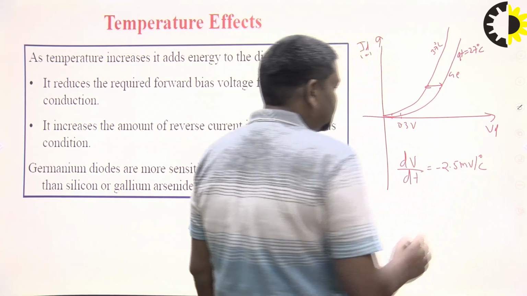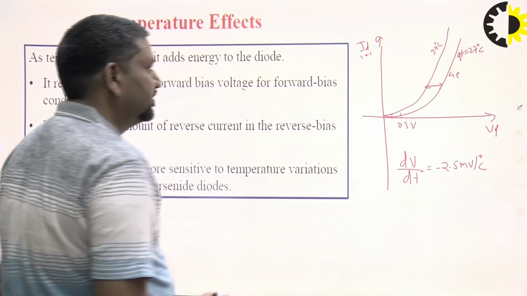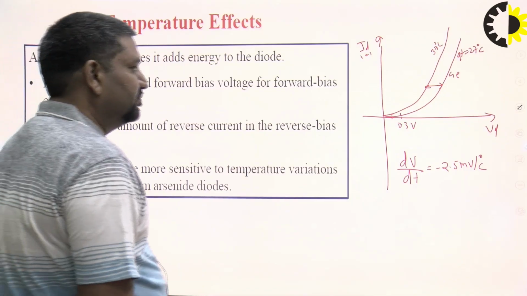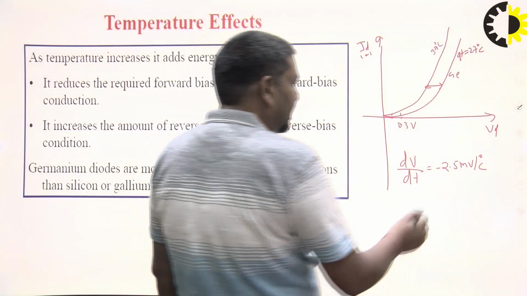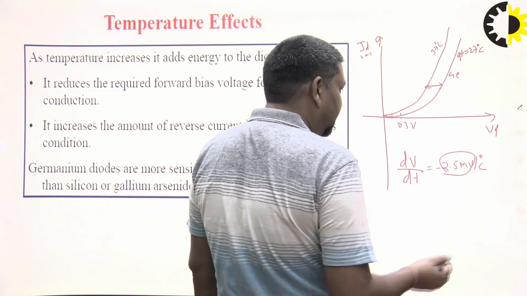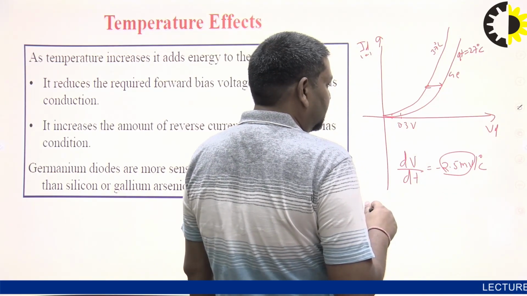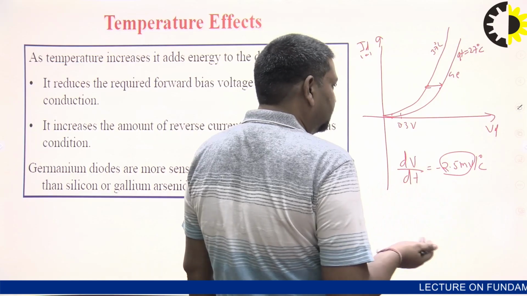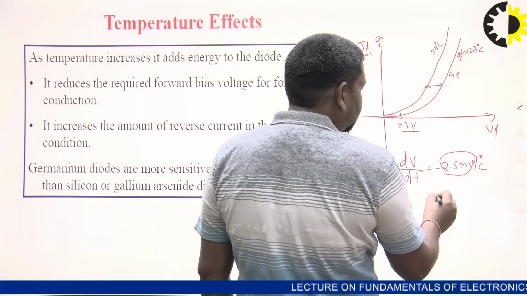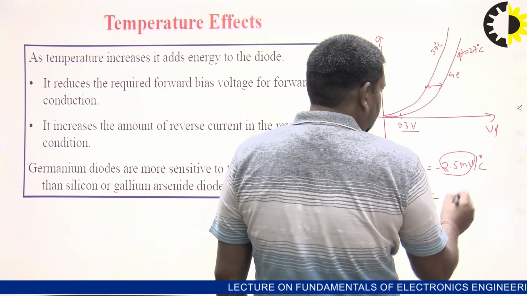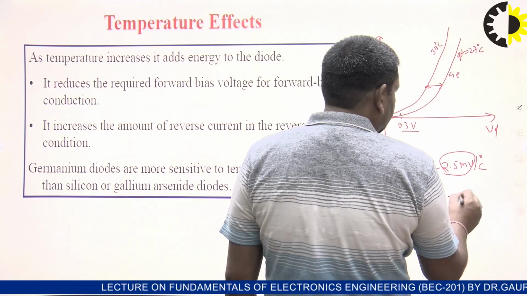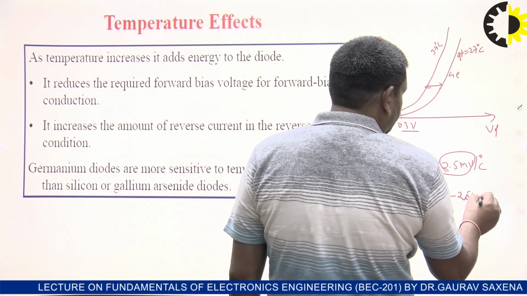So that means if we increase the temperature, the covalent bond breaking process becomes fast, and the 2.5 millivolt cut-in voltage change applies. If we increase the temperature by 10 degrees, what is the reduction in cut-in voltage? We multiply this by minus 25 millivolt per degree centigrade.